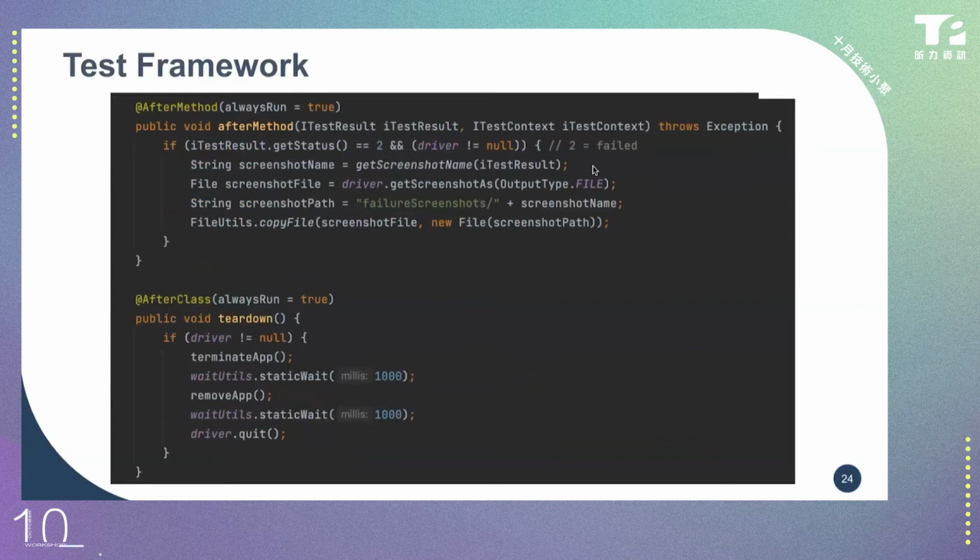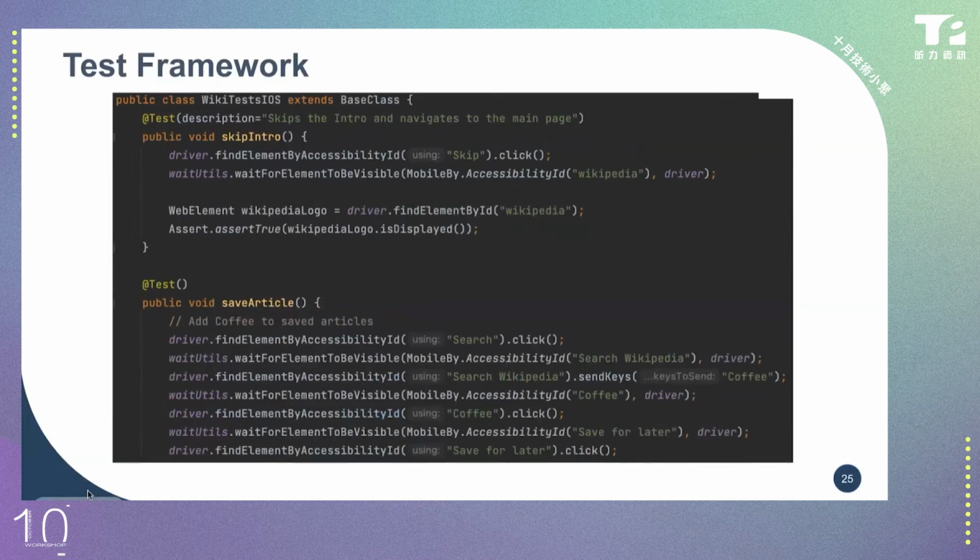Of course, you could do whatever you like in there, but oftentimes it's very useful to take a screenshot after a test failed to see what went wrong. And as we set up our driver before each test class, we will have this after class method, which will take care of the teardown, which basically means quitting the app, removing the app, and quitting the driver.